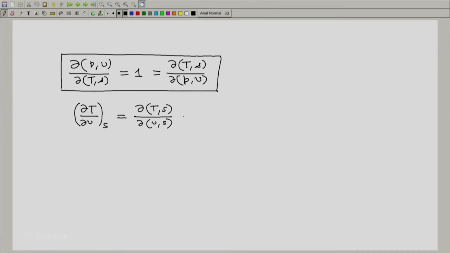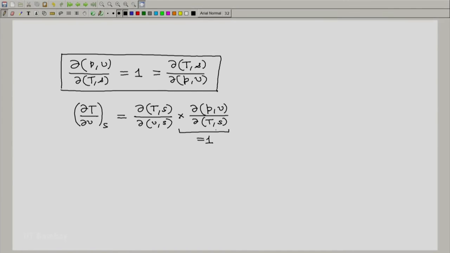Now here TS is in the numerator, so let us consider the left hand part of this identity. That is 1, so I multiply it by 1, but 1 I will write as partial of PV with respect to TS. I can do that because this equals 1 as we have just seen.